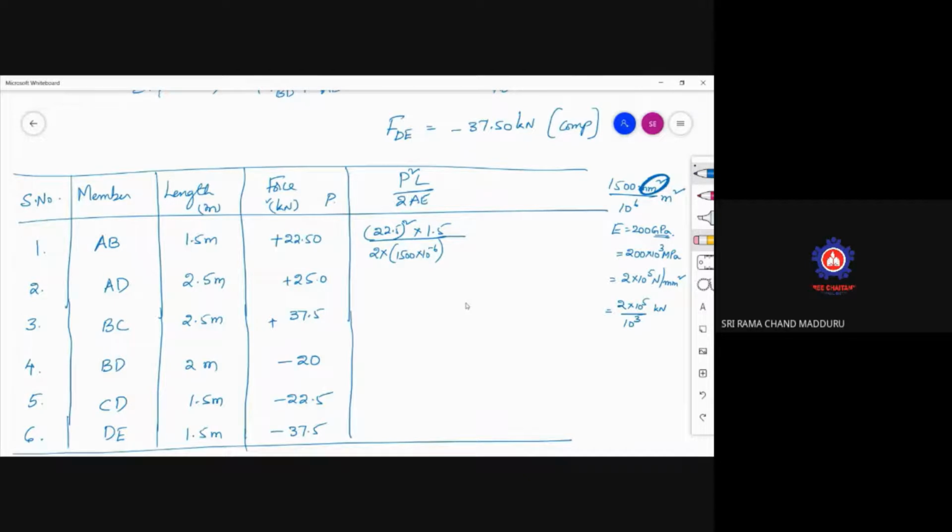While mm square is there, so to get in meter square, you multiply with 10 power 6. So this is how we will convert the units from Newton per mm square to kilonewton per meter square. So you will get it as 2 into 10 power 8 kilonewton per meter square.